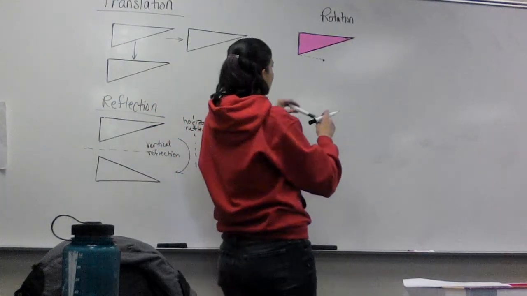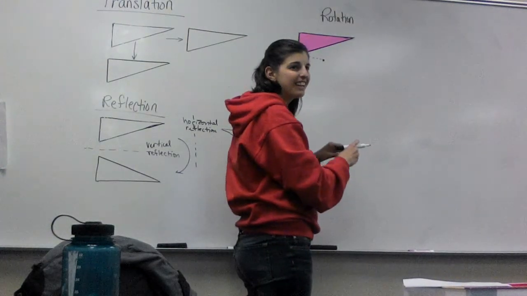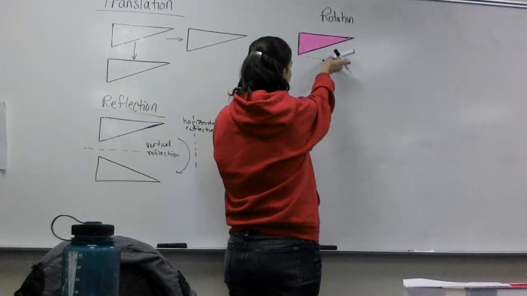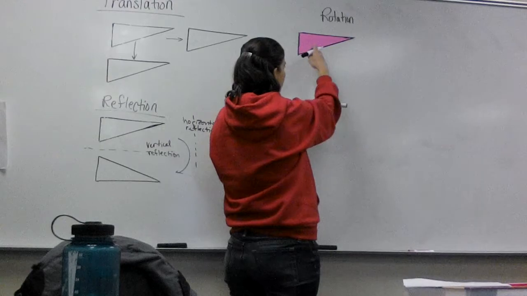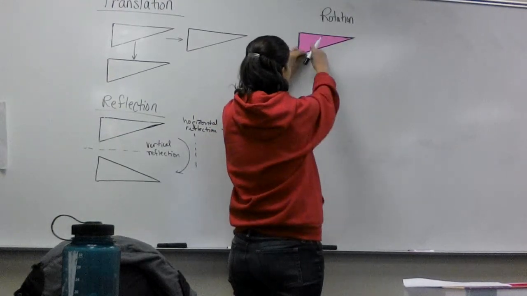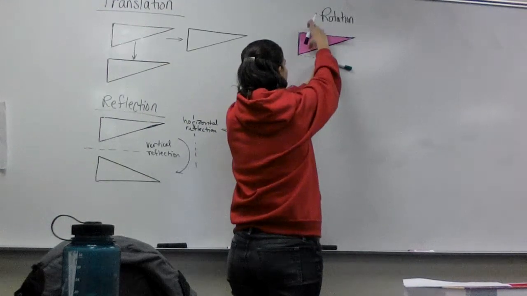So watch, if I want to do a 180 degree rotation, I need to make an angle of 180 degrees, which is like a straight angle with that original line. So it's like this line here has to spin 180 degrees around the other way.